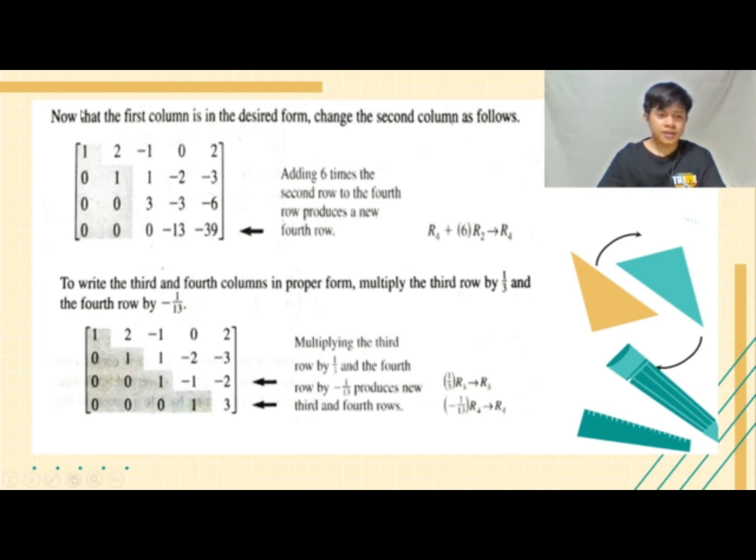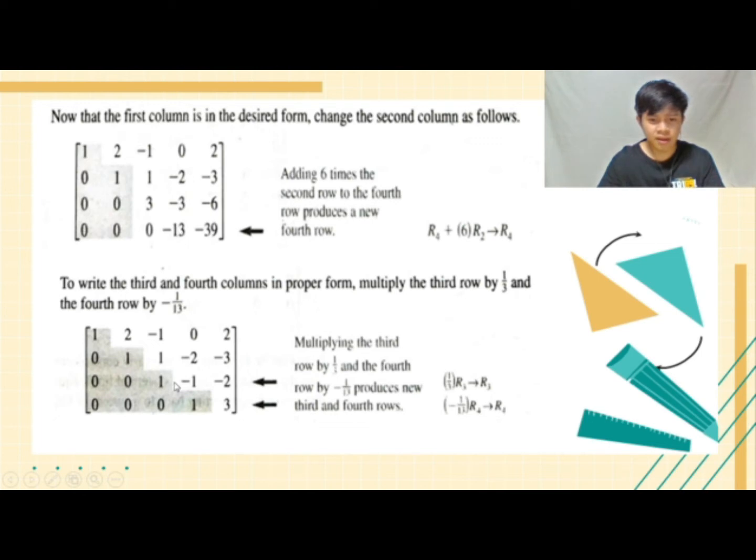Okay, so the third step, to write the third and fourth column in proper form, multiply the third row by 1/3 and the fourth row by negative 1/13. So, magbe-base na naman po ulit tayo dito.